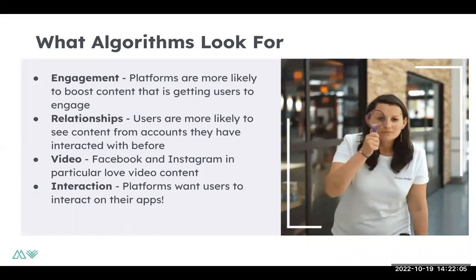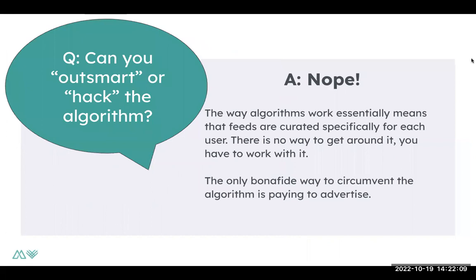And we'll talk about Facebook advertising and Instagram advertising. Can you outsmart or hack the algorithm overall? There's really no way around it other than really following some of the things that I mentioned in regards to what the algorithm looks for.